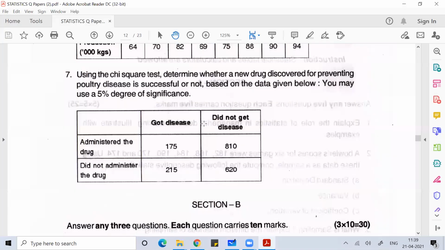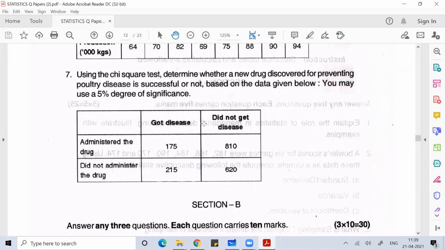The degree of freedom here is one only, and the level of significance is 5%. So the threshold value would be 3.84 only.